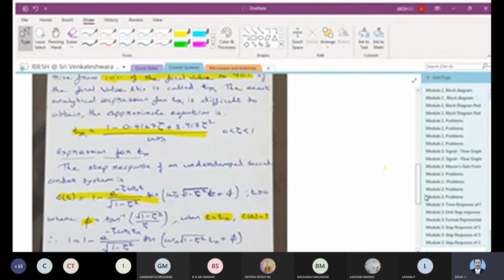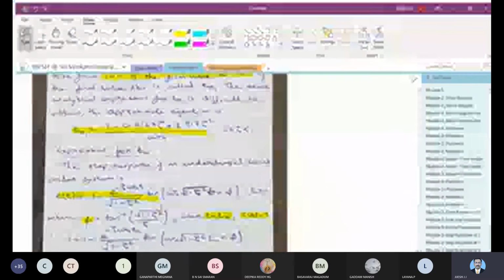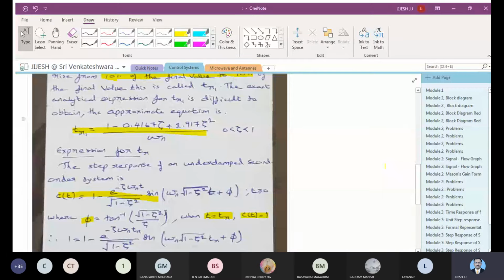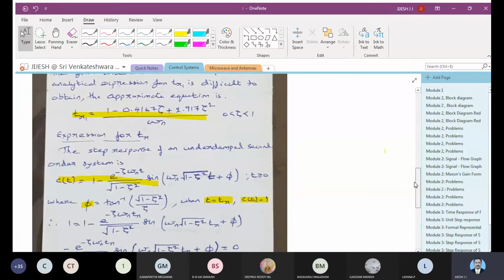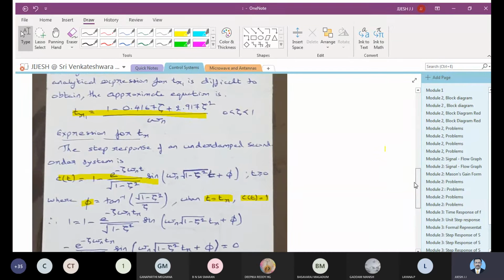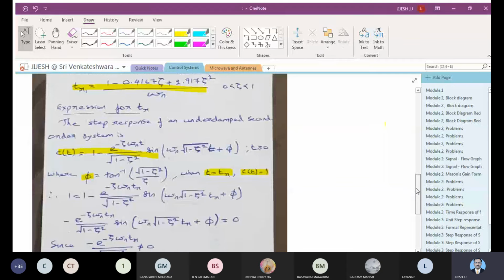Phi is also tan inverse of root of 1 minus zeta square by zeta, which is derived and explained there. So we are here going to put t is equal to tr and c of t is equal to 1. So let us substitute 1 for c of t, and wherever t is there, you need to substitute tr.